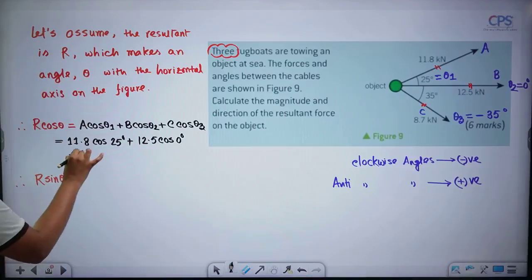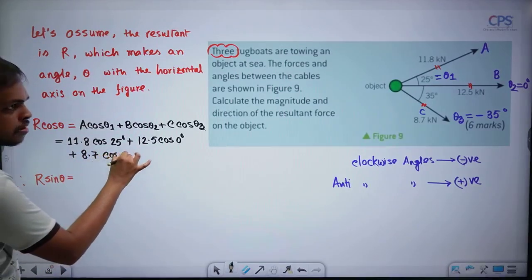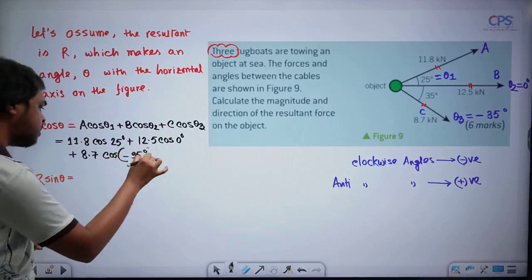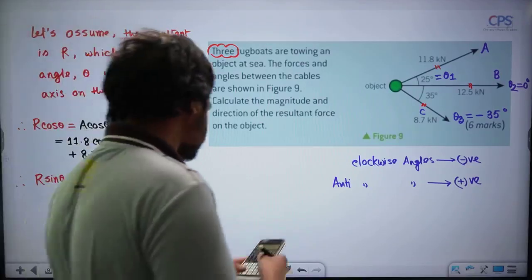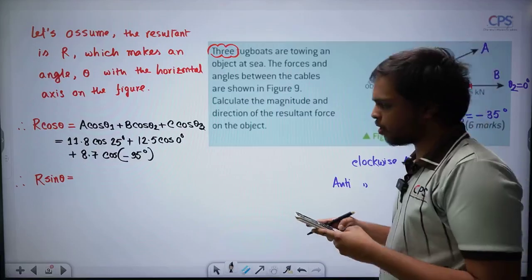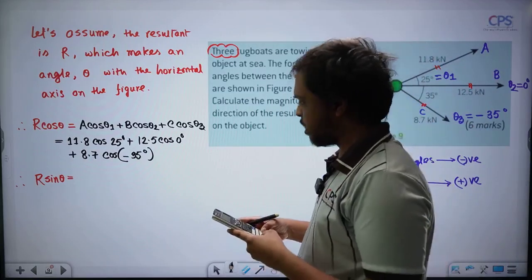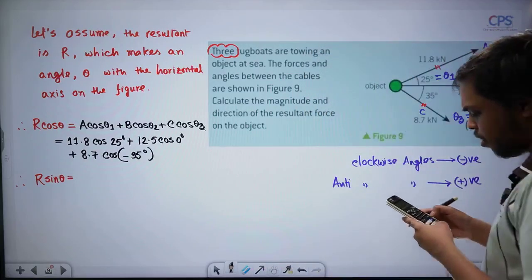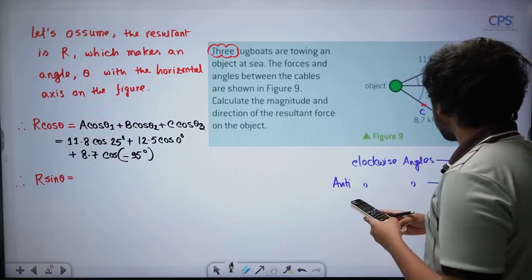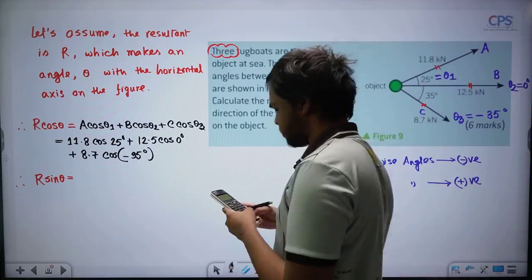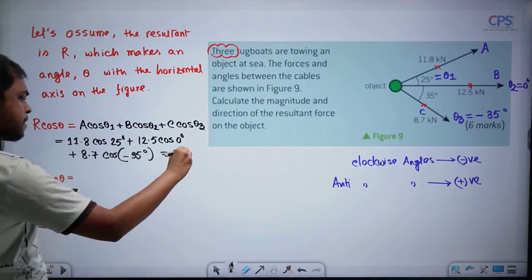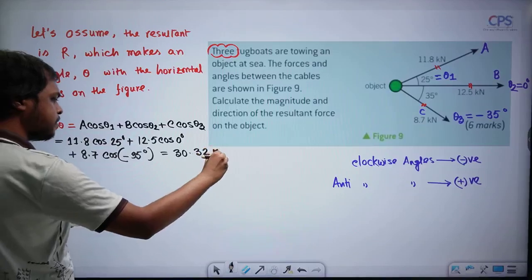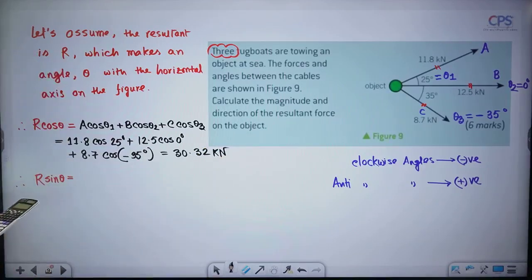C is 8.7 kilonewton cos minus 35. You need to carry the minus here, and also put this in your calculator. Each step is important right now. 11.8 cos 25 plus 12.5 cos 0 plus 8.7 cos minus 35. So this one will be 30.32 kilonewton.